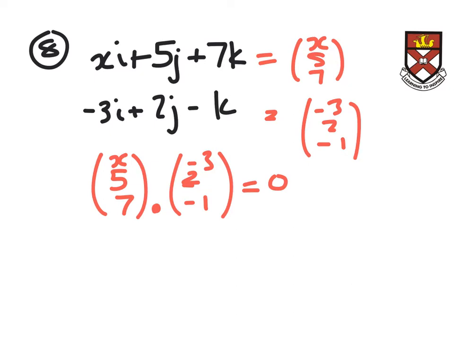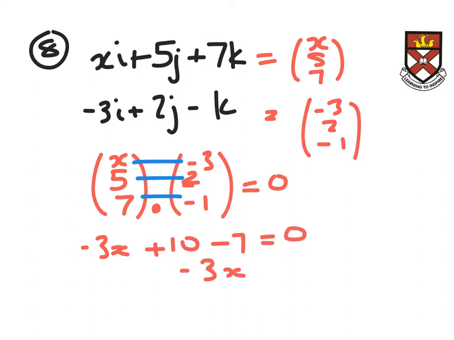So what does dot mean? Dot means I do times, times, times and add up. So negative 3 times x, 5 times 2, 7 times negative 1 equals 0. Rearranging that, I get negative 3x is equal to negative 3, so it gives me x is equal to 1.